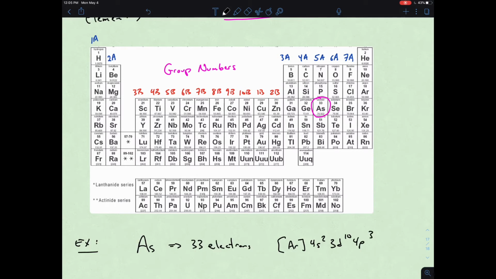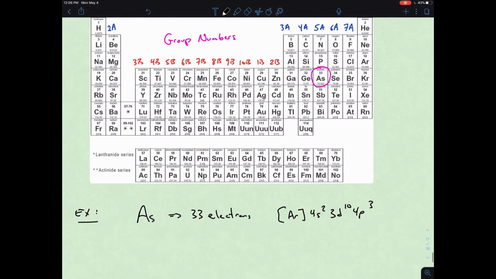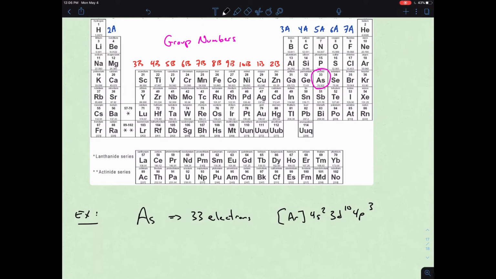We would represent it like this in terms of our electronic configuration. And I can immediately say, from the group number equal to 5A, I can say two things.